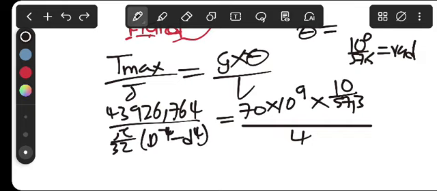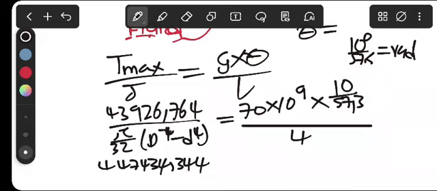43926.764 divided by pi over 32, all right, this is 4.4743 by 4.344, then d raised to the power 4 minus d raised to the power 4.